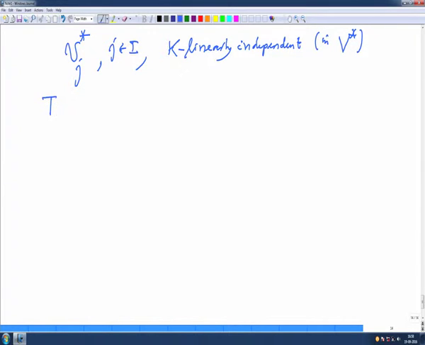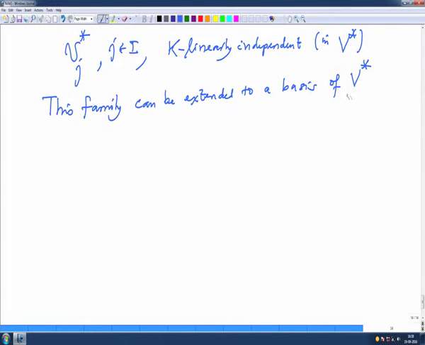So, this family can be extended to a basis of V star. Therefore, in a basis of V star there will be at least as many elements as that of a basis in V, because it is the same indexing set. But I want to show more: that there will be more elements, that means this alone is not a basis, we have to extend it by some.